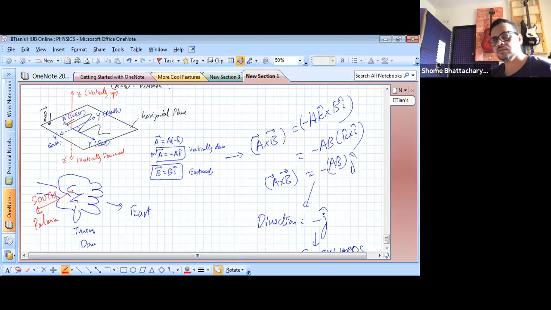Why zero, dear? These are perpendicular vectors. Why is the cross product of perpendicular vectors zero? K cross i is j. This is minus EB.